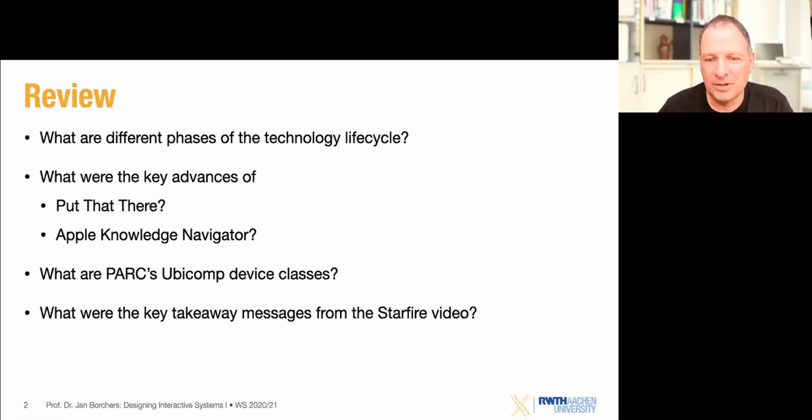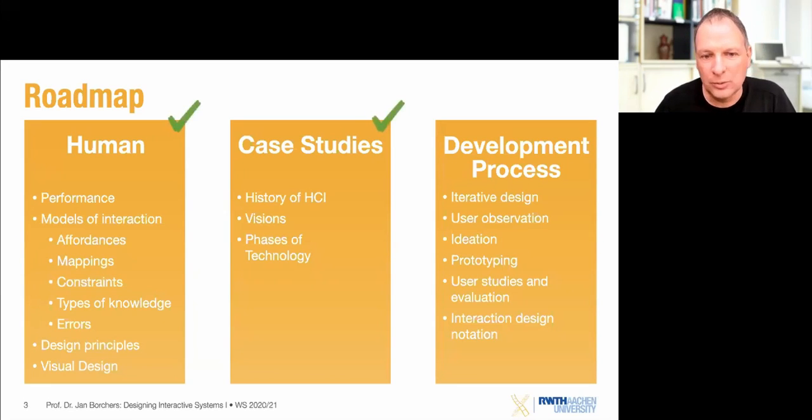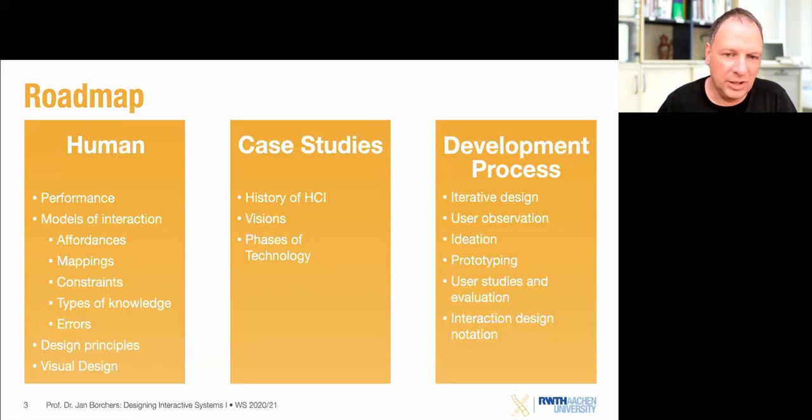All right. So today, we're going to move into the third part of this class. We've covered the history of HCI and some visions from that time and the phases of technology. That wraps up part 2 of this class. Now we're going to move into this third part, which is the development process.